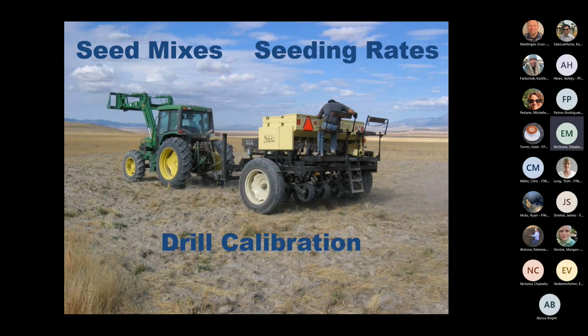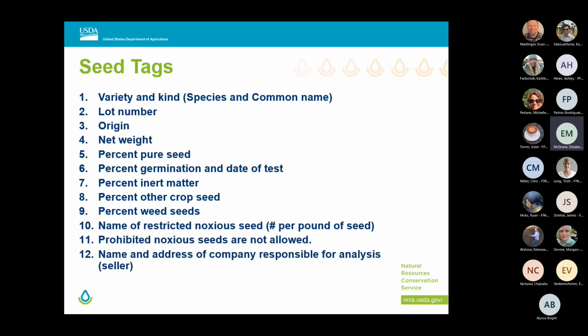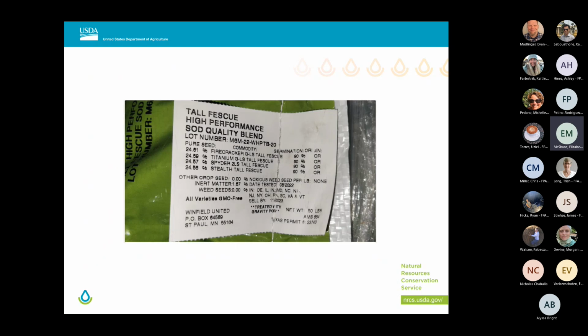But really, what's important in addition to all of this is to make sure that you have the right seed. And a lot of that information can be found in the seed tags when the seed is delivered to the site. There is a ton of information included in a seed tag. Everything that is on this list, 12 different items, all in a condensed, somewhat confusing label.